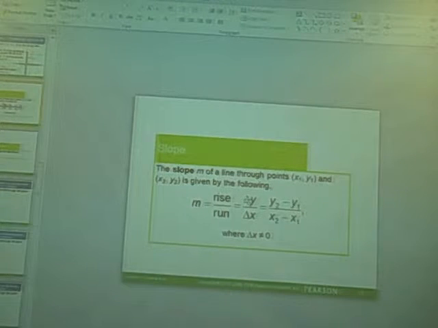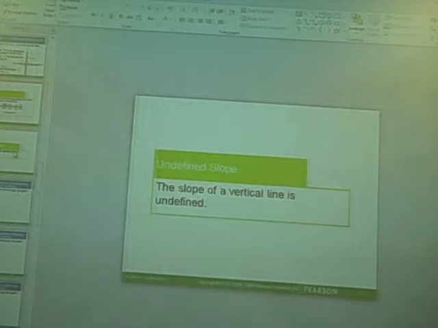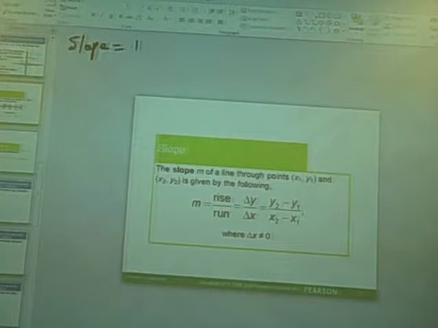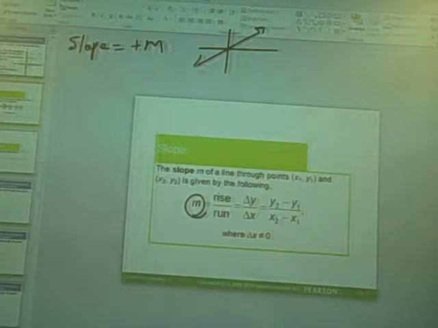This triangle is basically delta y, or the difference in y, over the difference in x. The slope of a vertical line is undefined. So if the slope is positive, and we use m for slope, then basically your line slopes up.